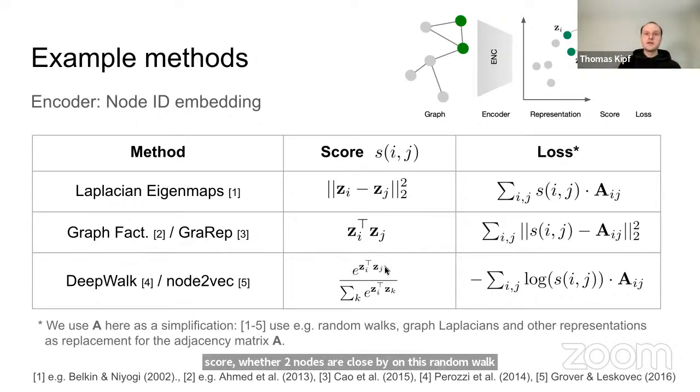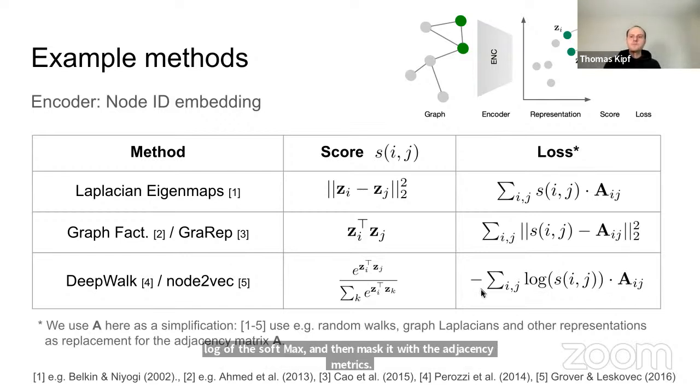Any node that is close by, for example a direct neighbor, gets scored as positive. And this is a softmax function here, if you recognize that from maybe some earlier lectures. Everything that is far away from each other in this random walk is scored negatively or pushed away. We train this using a cross entropy loss. So basically, we take the log of the softmax and then mask it with the adjacency matrix.